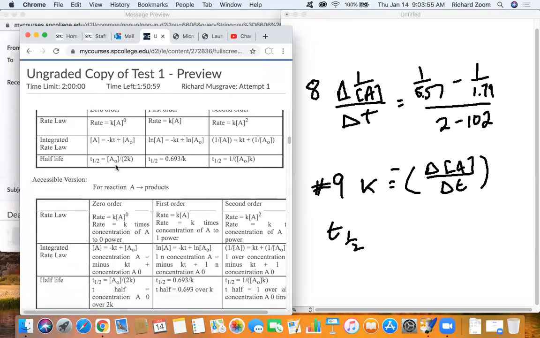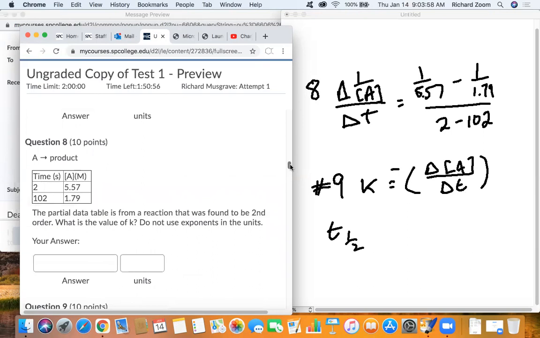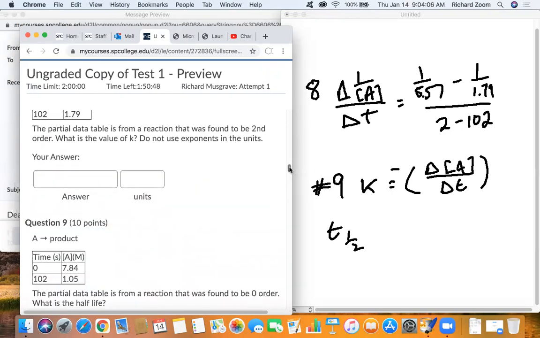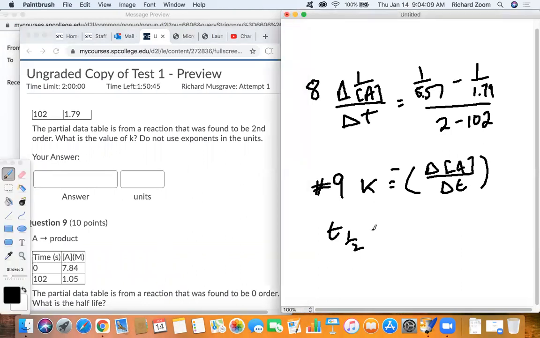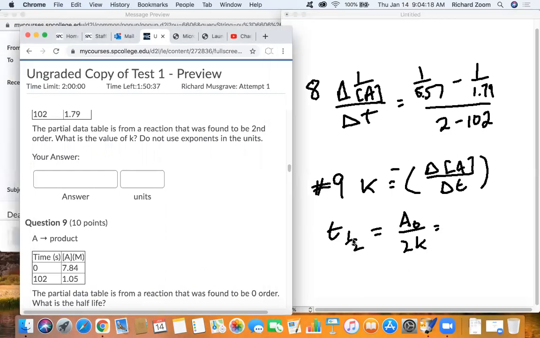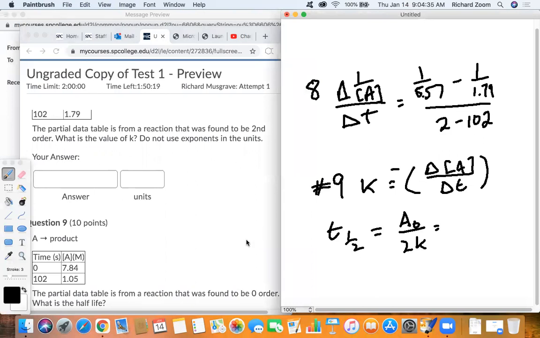There it is: A0 over 2K. Can anybody tell me what A0 would be for number 9? 7.84, that's right. Does anybody have any questions? The K value, of course, is what we calculated up here.